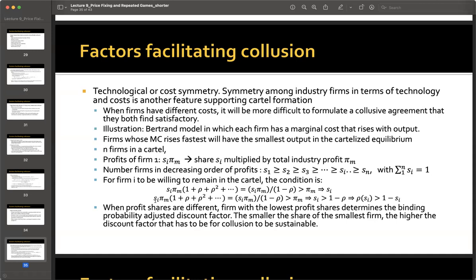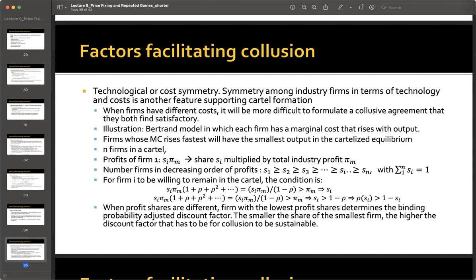Then S_i π^M, which is equal to this, greater than π^M, leads to S_i greater than 1 minus ρ, or a ρ, which is a function of S_i, which has to be greater than 1 minus S_i. When the profit shares are different, firms with the lowest profit share have a high 1 minus S, and that means your critical ρ is higher.